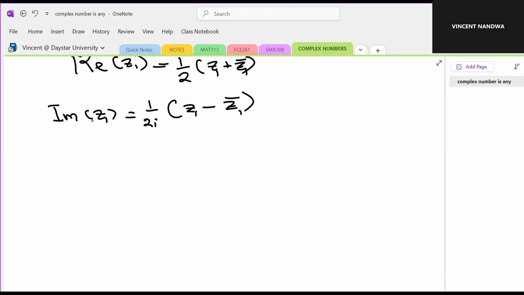We are saying that Z1 is given by x1 plus iy1, which means the conjugate of Z1 is going to be x1 minus iy1.